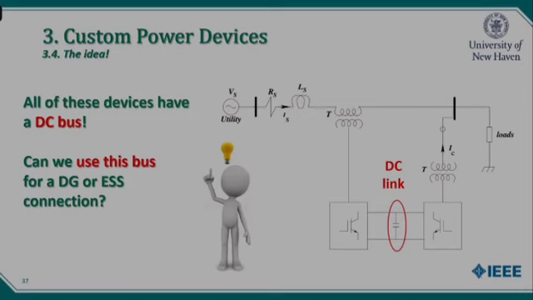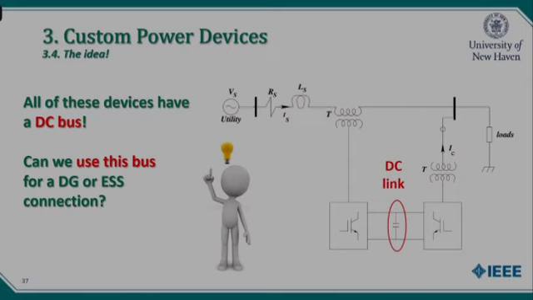Now we want to use this important concept that in all types of custom power devices, we have a DC link, a DC bus. The question is: can we use this bus for DG, distributed generation, or ESS, energy storage system, connection?